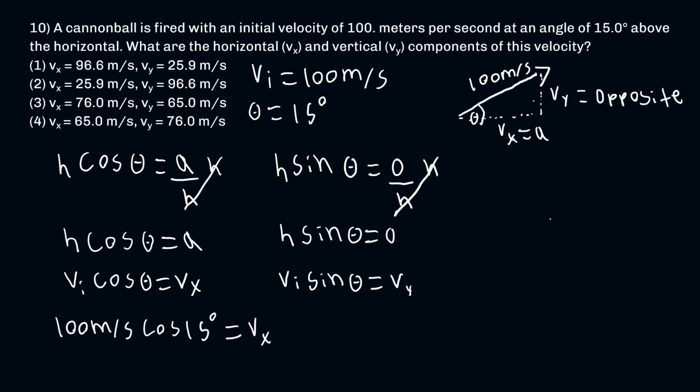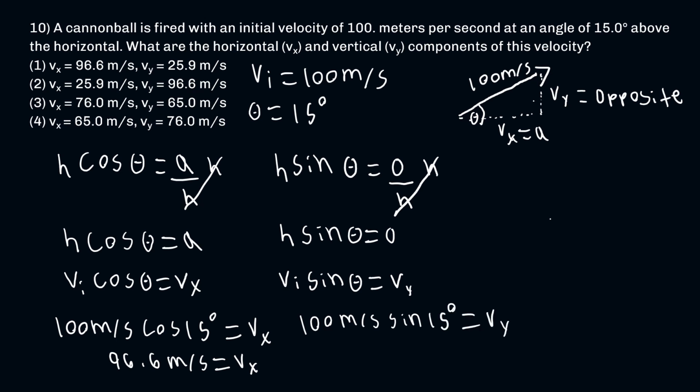Now just plug everything in. Make sure your calculator is in degree mode. 100 cosine 15 is going to be 96.6 meters per second for v subscript x. Then the same thing for the y direction: 100 meters per second sine 15 degrees equals Vy.